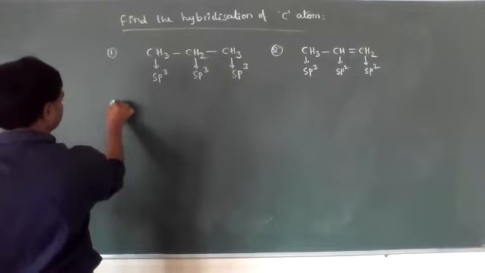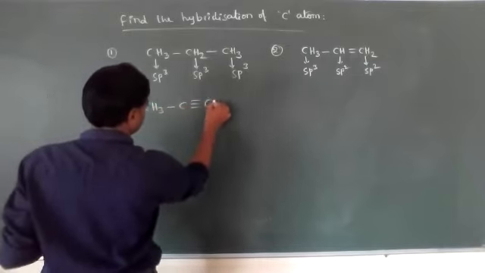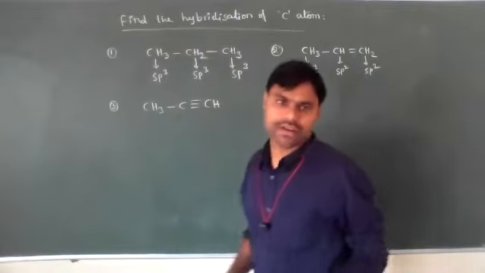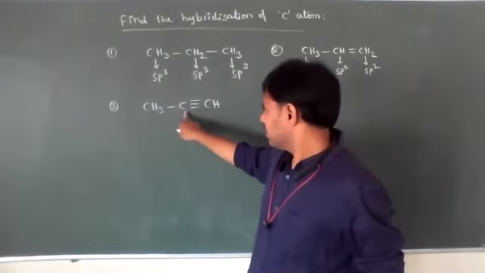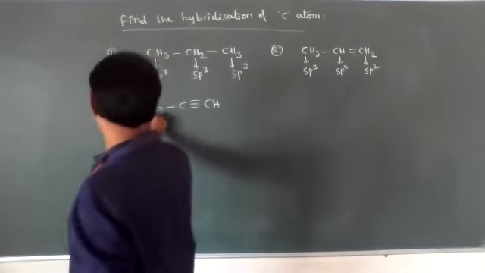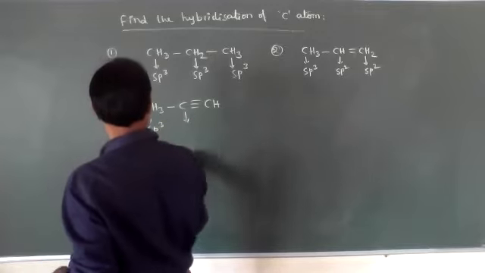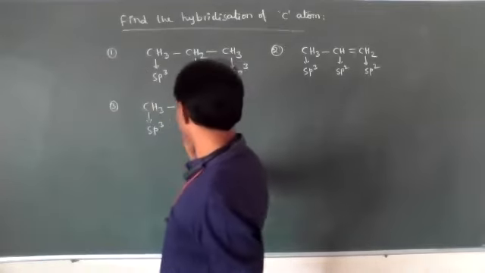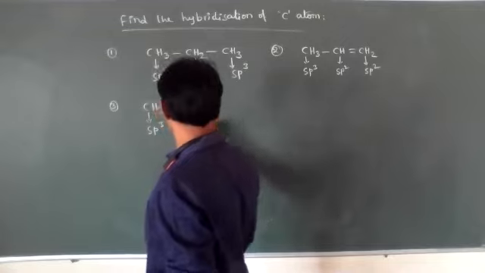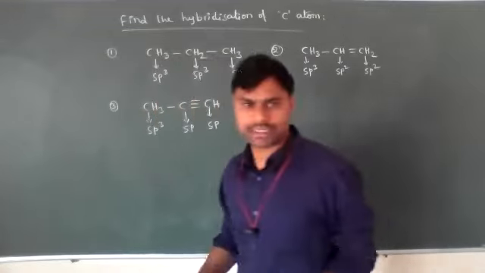Next, let's see. A triple bond is present between the two carbons, and the other bonds are all single bonds. If all are single bonds, it means sp3. Where a triple bond is present, its hybridization is sp. And this is also a triple bond, sp hybridization.